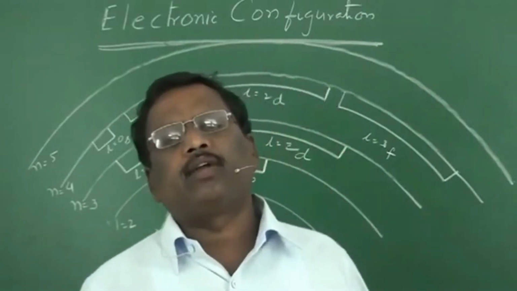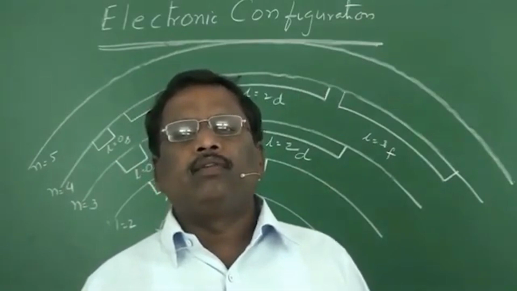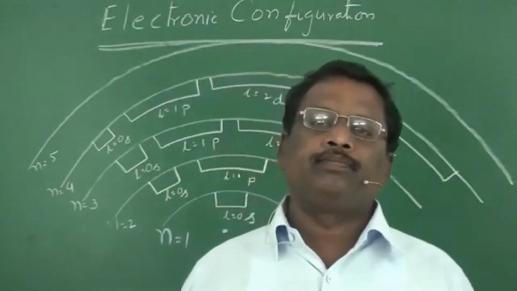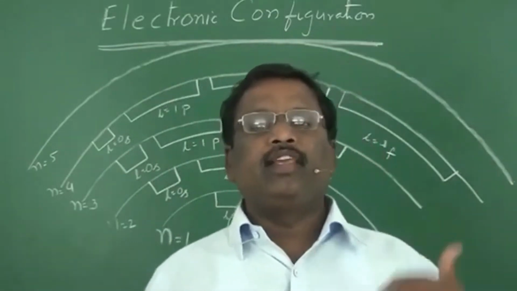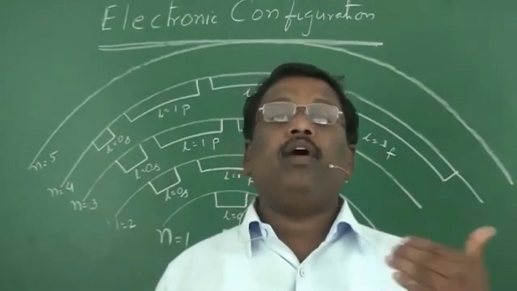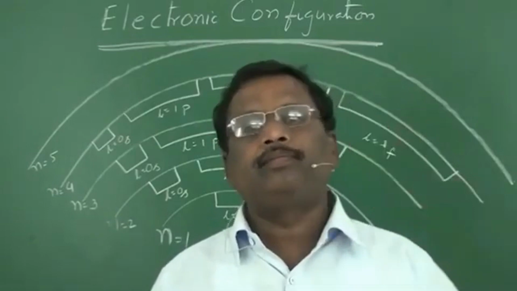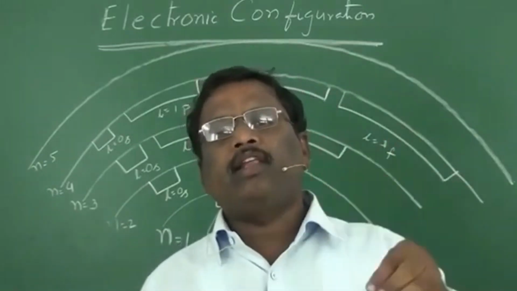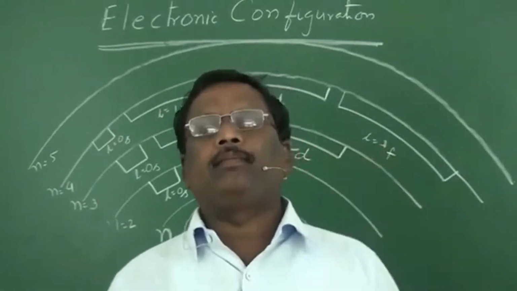Those splittings are known as splitting of spectral lines, familiarly called the Zeeman effect and Stark effect. The Zeeman effect and Stark effect tell us the number of orbitals present in each sub-energy level, which is equal to 2l plus 1.